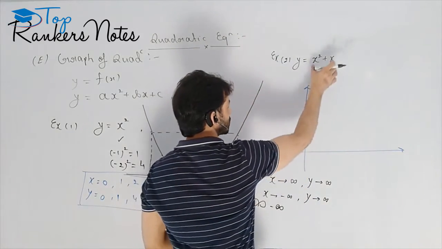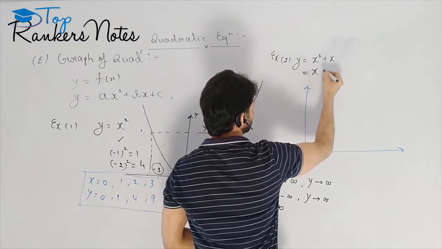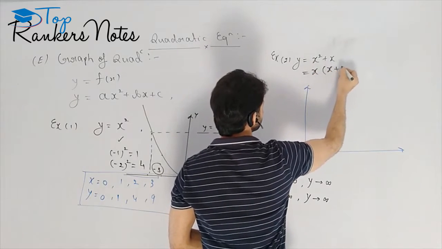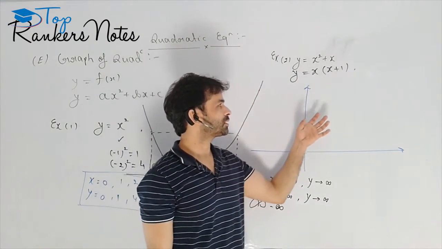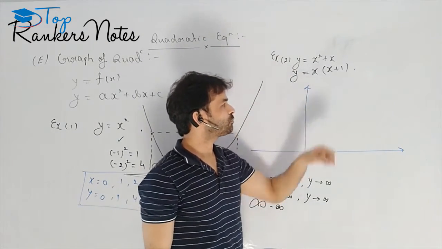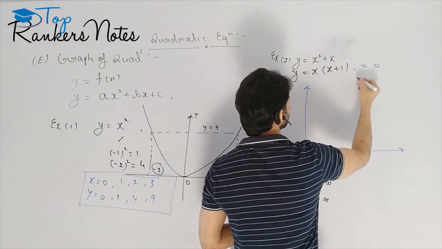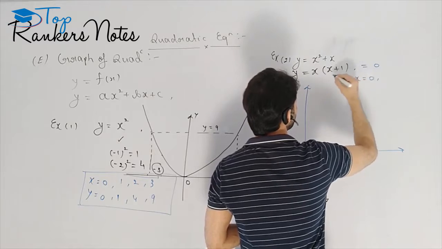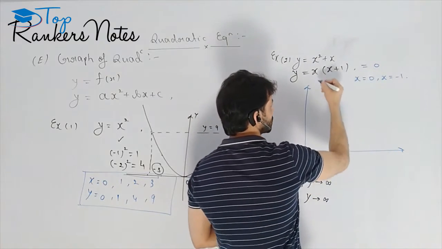Now come to this expression. Let's factorize this a bit. x common into x plus 1. And if we put this thing equal to 0, what will you get? You will get x equal to 0 and x equal to minus 1.